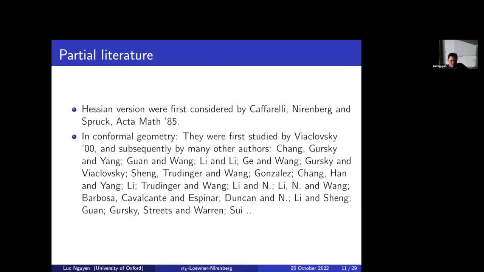In the context of conformal geometry, it was started by Viaclovsky around 2000, and then followed by many people. I put up a list here, and I apologize if I ignore someone. It wasn't intentional. I just went through my papers and selected a few that I quoted in the last 2 or 3 papers that I wrote.